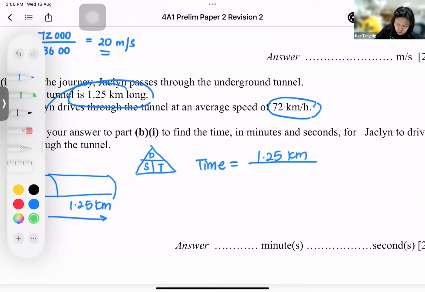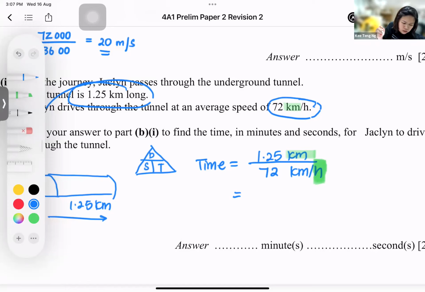Check before you divide. Are these similar units? So this is in kilometer per hour, 72 kilometer per hour. So the unit for the time here is hours. After we divide, this answer will become a number of hours.